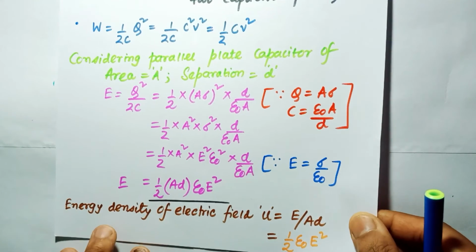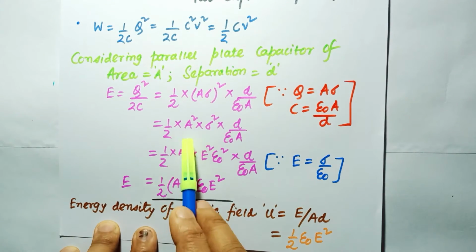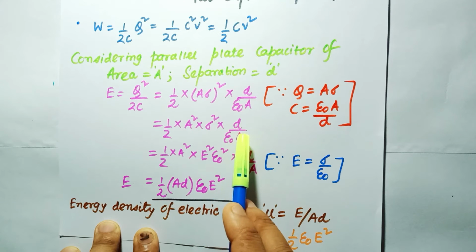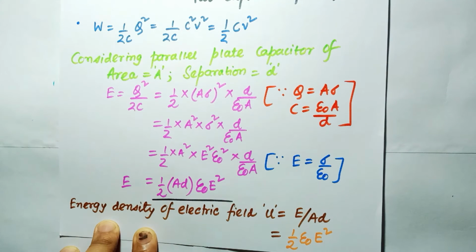So it becomes half of A square sigma square times D by epsilon naught A. Now if I put the value of sigma, that is epsilon naught E, then E is equal to half of AD times epsilon naught E square.